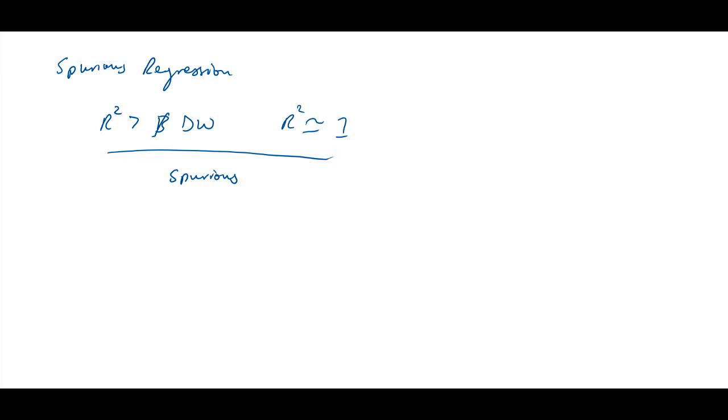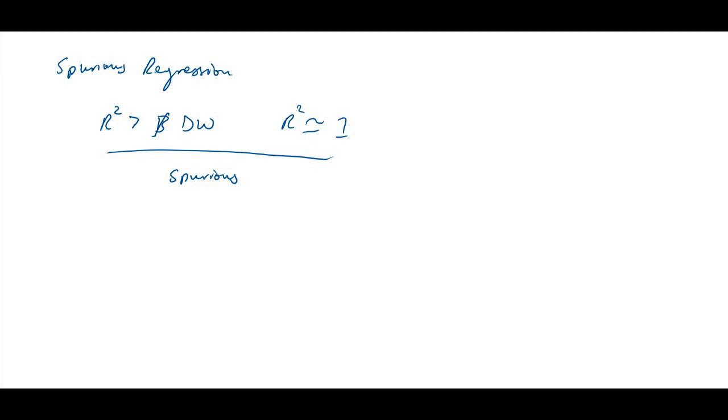So let us state this problem in a slightly more formal way. The source of the spurious regression problem arises if two variables x and y both are stationary. Then in general any linear combination of these two will be stationary.